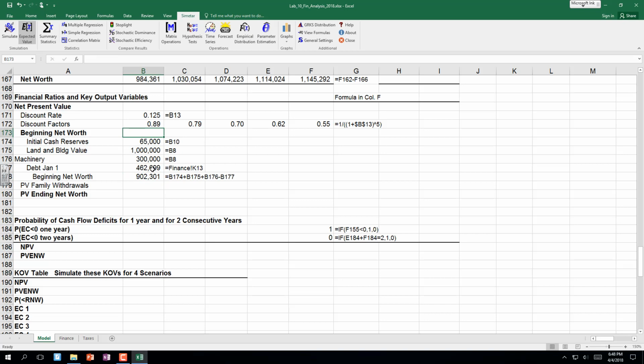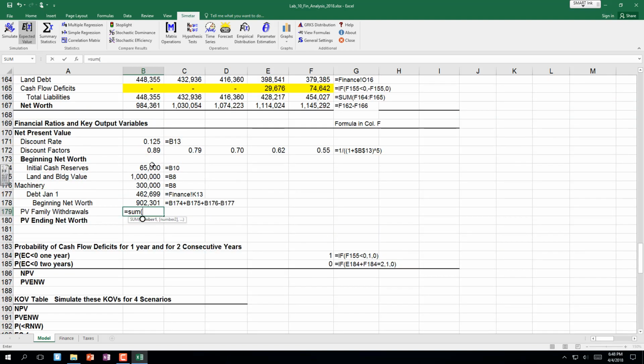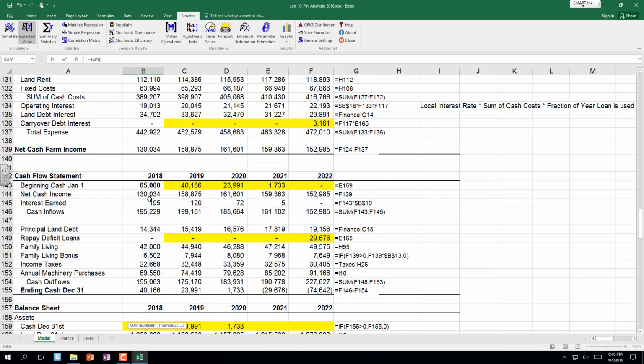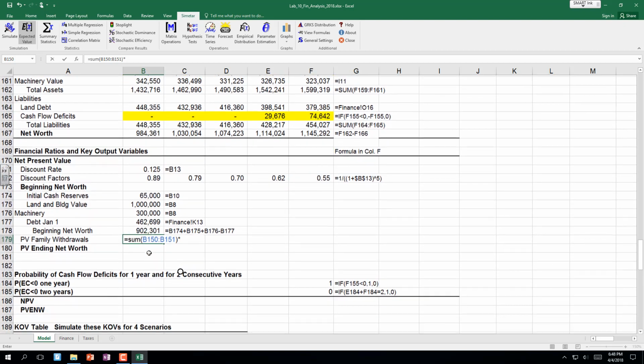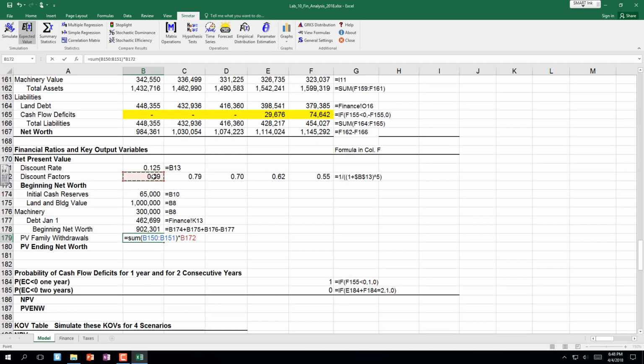Now, I need to calculate the present value of family withdrawals. So that's going to equal the sum of those two family withdrawal numbers that we have up here, the sum of these two values here, parentheses, times a discount factor, which is that number right there.